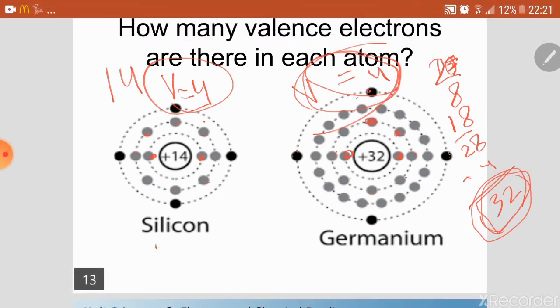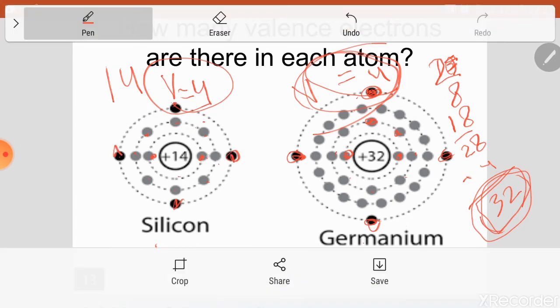Only these electrons can be used in chemical reactions, not any of the inner ones. Those are strongly attracted to the nucleus and can't leave the atom.